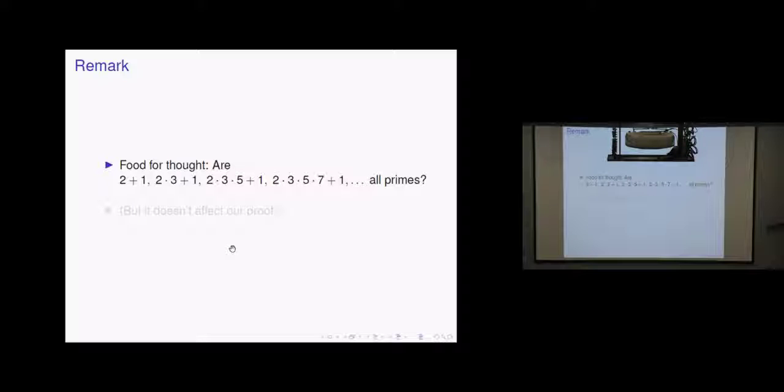Now, for those of you who are very good at math, try this. Just now we tried to multiply the prime numbers together and add 1. So is it true that if you multiply the first few primes and add 1, so this is the first prime, add 1, multiply the first 2, add 1, multiply the first 3, add 1, first 4, add 1, and so on and so forth, is it true that they are all primes?